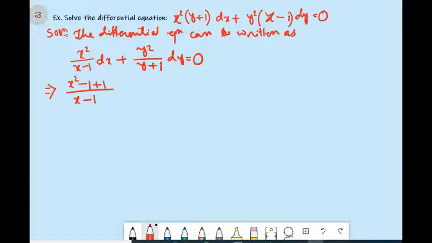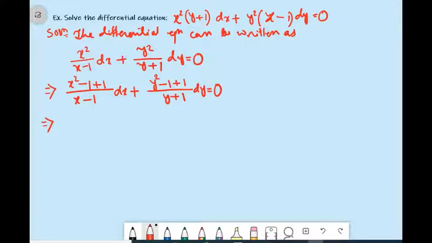divided by x − 1 dx plus this y² also can be written as (y² − 1 + 1) divided by y + 1 dy is equal to 0. This is done to simplify the calculation.